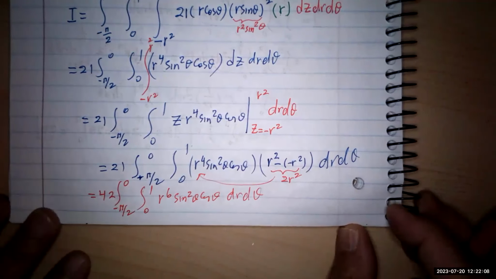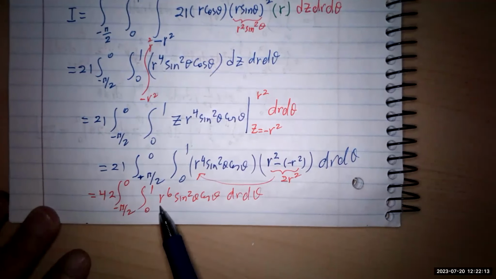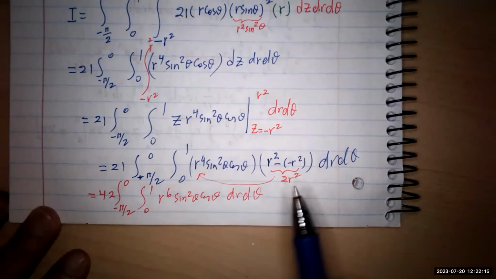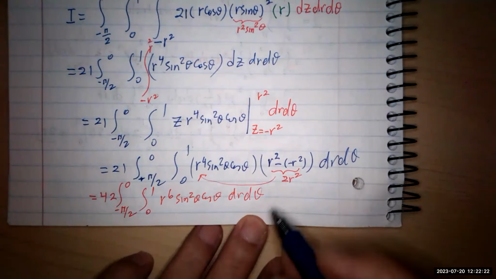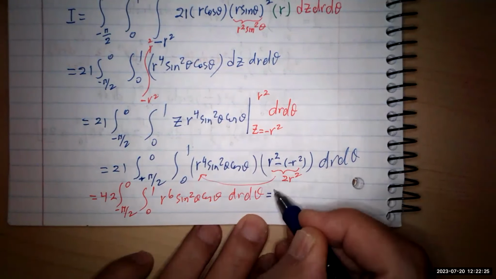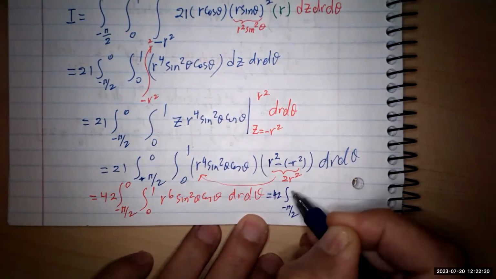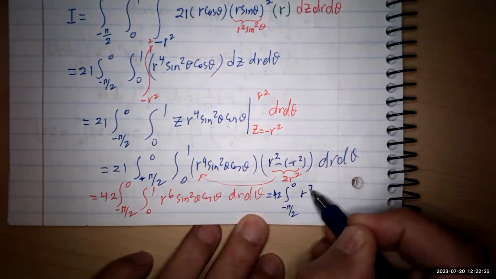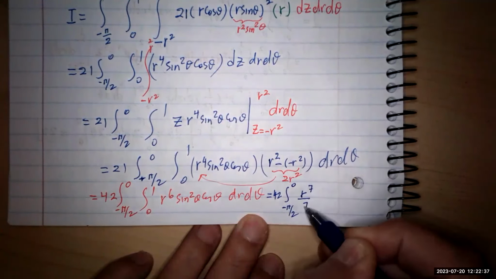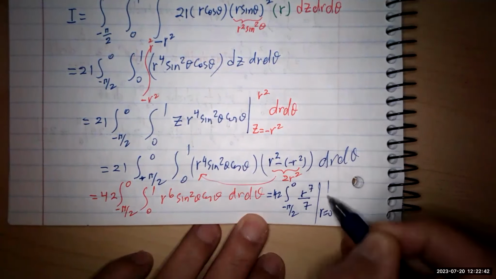Okay, so that is not going to be a big deal. We integrate with respect to r, that gives r to the 7. It's from 0 to 1, so that gives you just something like 1 over 7. So this is going to be equal to, I put the 42 as is, the integral from negative pi half to 0, r to the 7 over 7, and r going from 0 to 1.